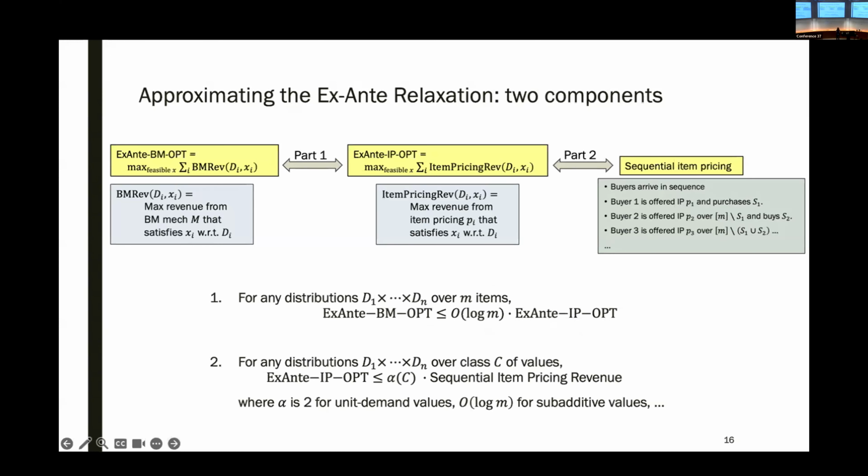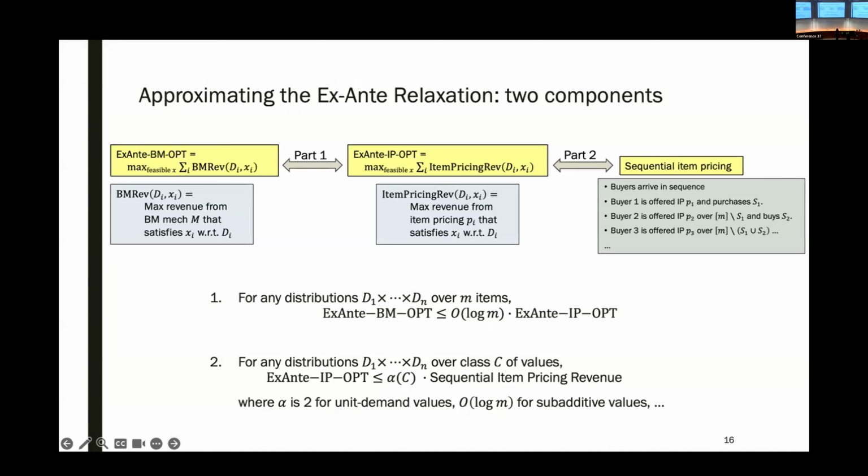Again, what an ex-ante item pricing optimum does is it finds the best way of coming up with ex-ante allocations to the different buyers, probabilities for allocating items to buyers, so that they satisfy the ex-ante supply constraint.